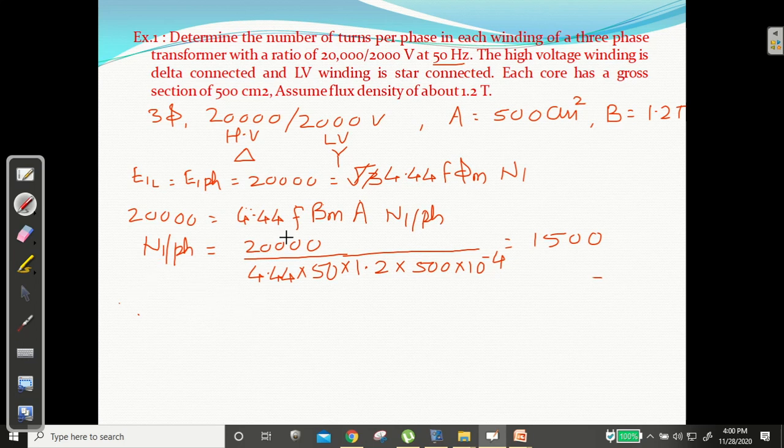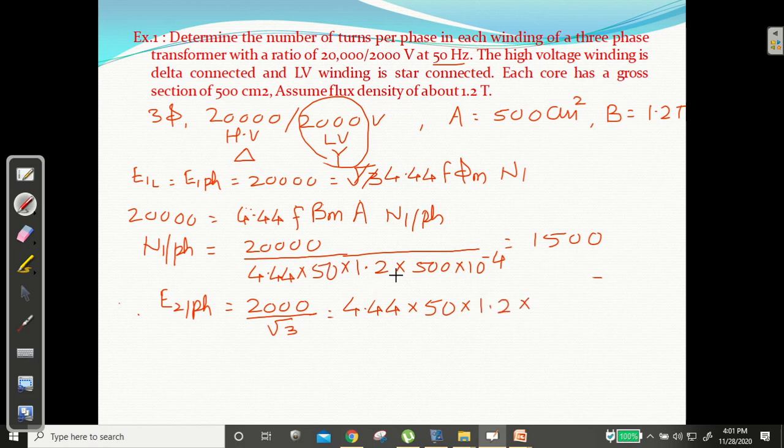Now we know the formula, so you can find N2 directly. E2 per phase is 2000 upon root 3, because 2000 is the line voltage, and phase voltage is line voltage upon root 3. This equals 4.44 into 50 into Bm 1.2 into area 500 into 10 raised to power minus 4 into N2 per phase.